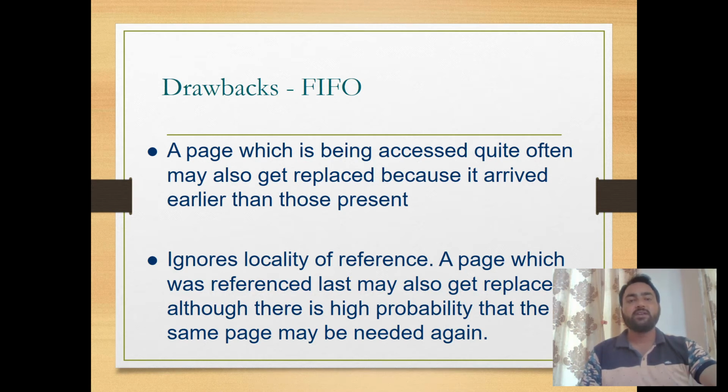Another one is it ignores the locality of reference. That means a page which was referenced last may also get replaced, although there is a high probability that the same page may be needed again.